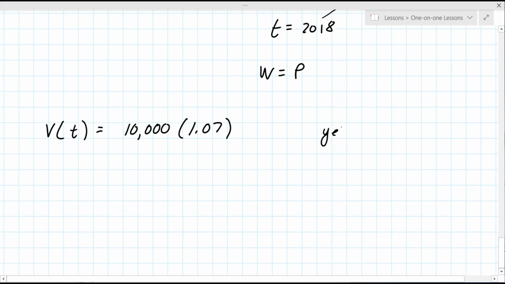If in year 4 the V of t, the value of the function, is 10,000, we have to put something in this exponent so that it becomes 0 in year 4. So would this work? Why does it work here? What's going on in year 4?